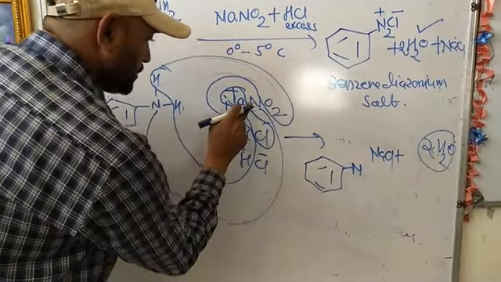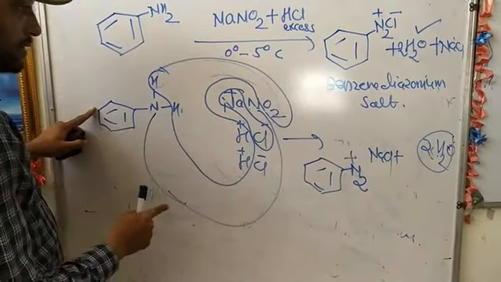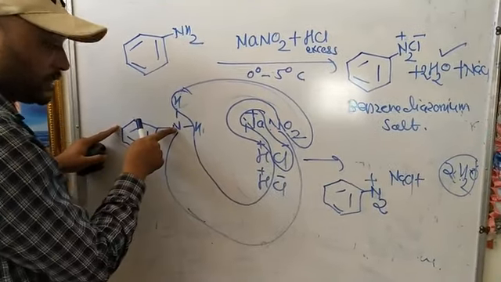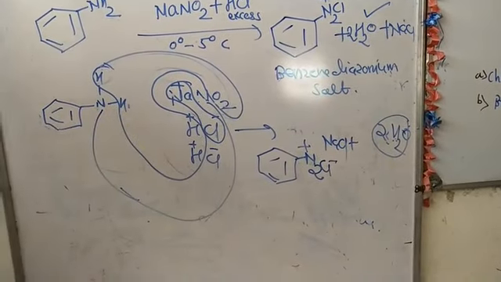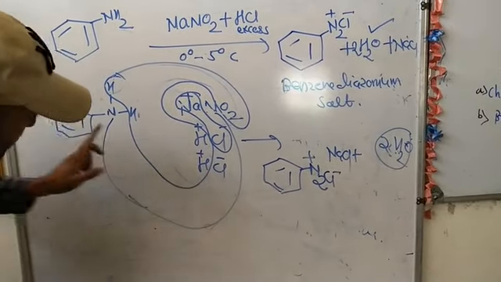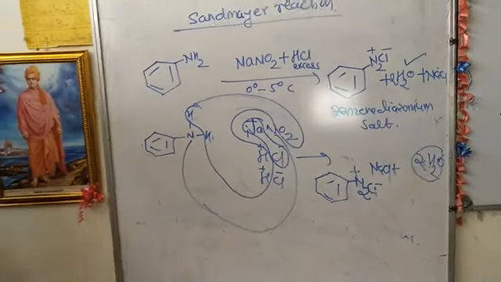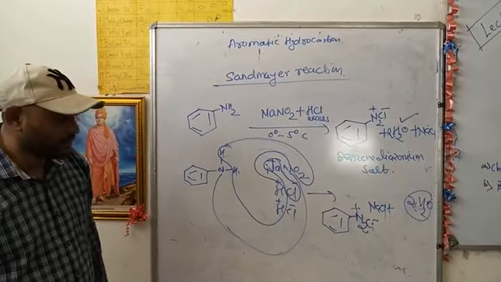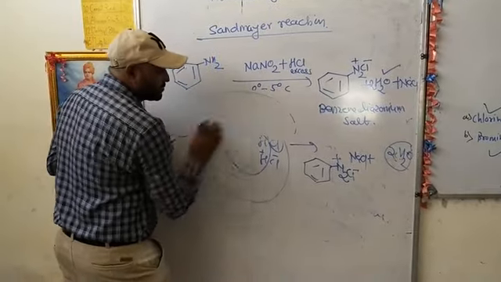Benzene N2 plus, because one nitrogen has 4 bonds, that's why the plus sign, and the remaining Cl minus. So benzene diazonium chloride is formed.